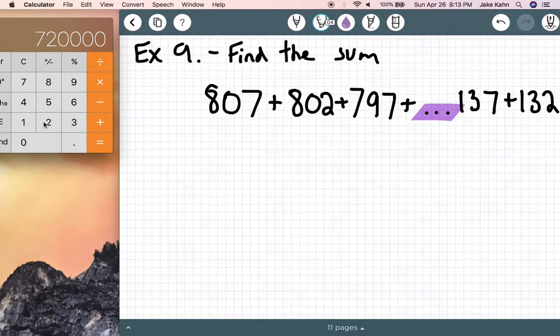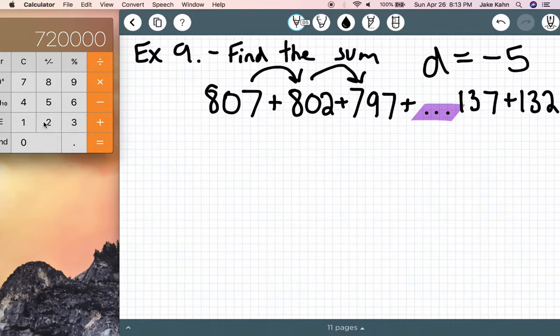This is an arithmetic series because our common difference is -5. We are decreasing by 5 in between each number. 807 minus 5 is 802. 802 minus 5 is 797. And then we continue that pattern. We keep subtracting 5 over and over again until we get to 132.